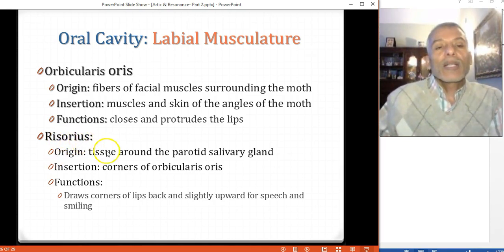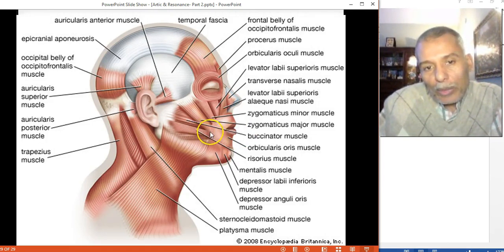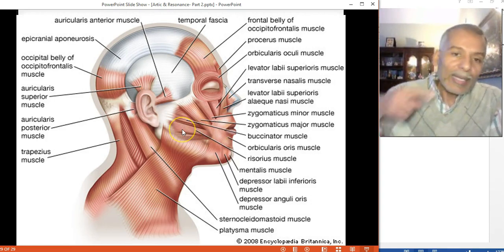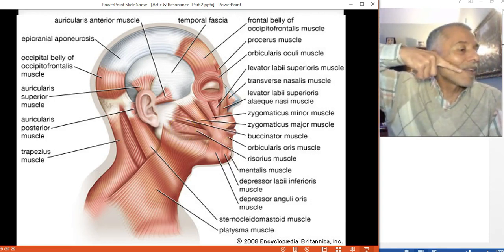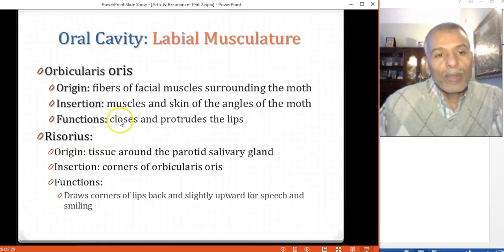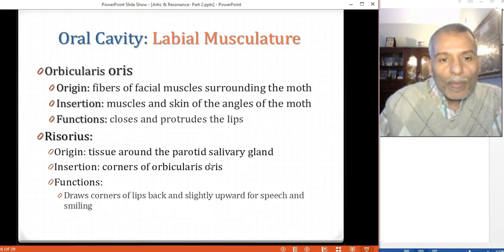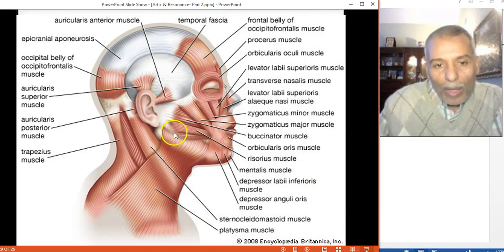The risorius is a muscle that inserts onto the corners of the lips here, and it has an angle, kind of. It's an angle like that. So this muscle originates on the tissue around the parotid salivary glands, which are just around this area here.